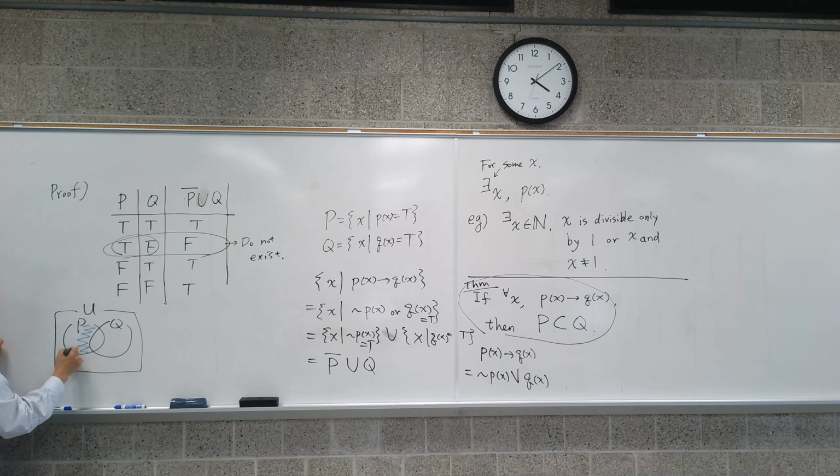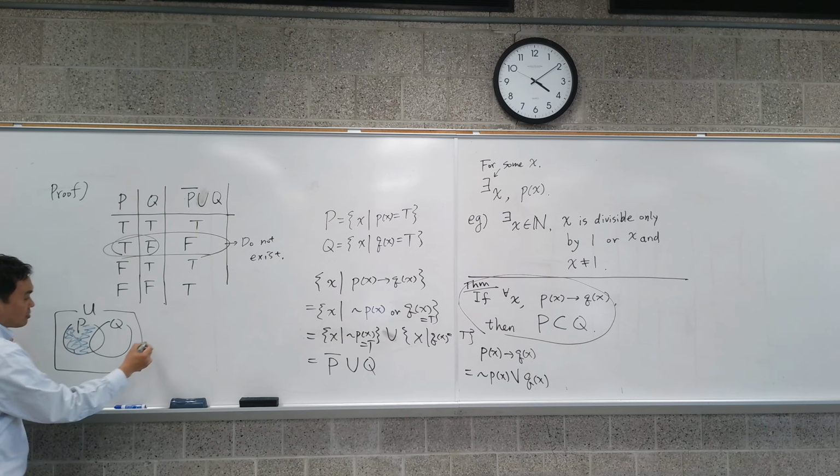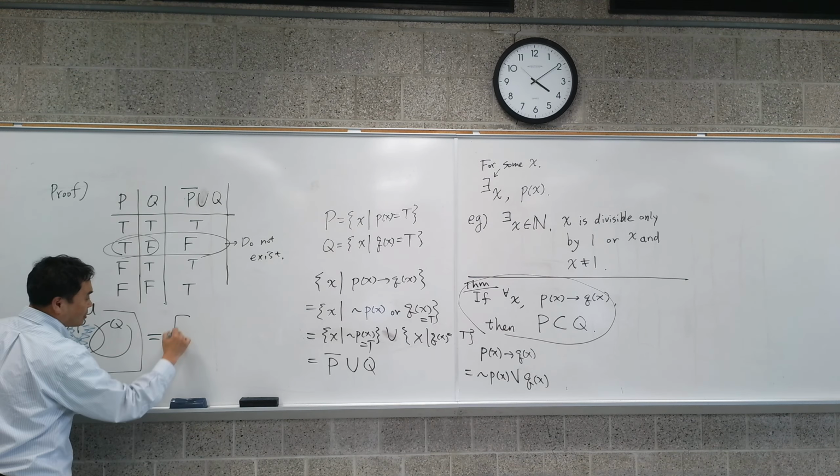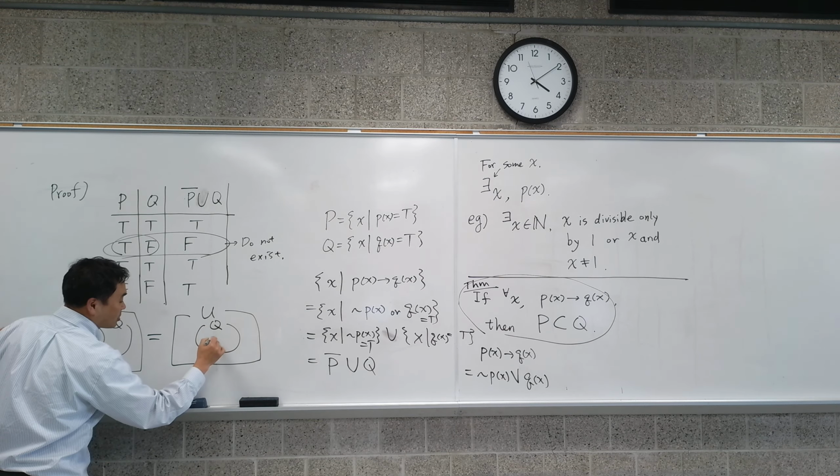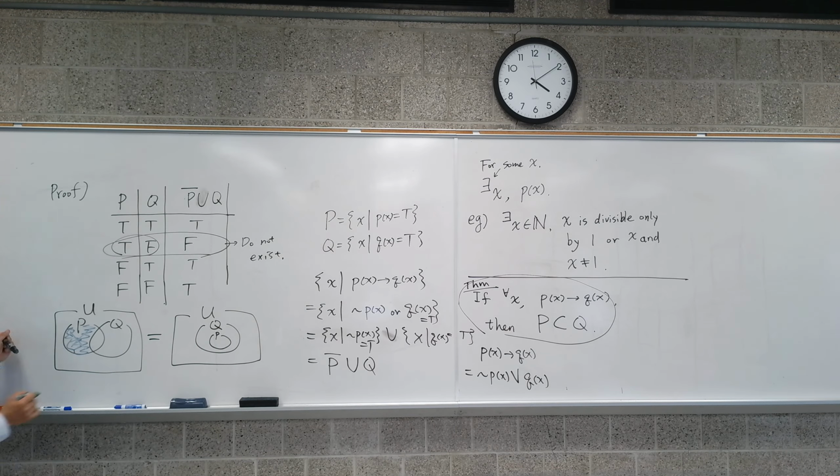This is the portion where it belongs to P but does not belong to Q, right? So that's gone. If that's gone, what does that mean? Everything that's in P belongs to Q, right? So if you remove this, that's the same as Q containing P. That's what it means, right?